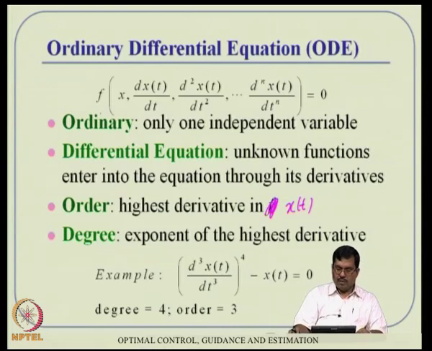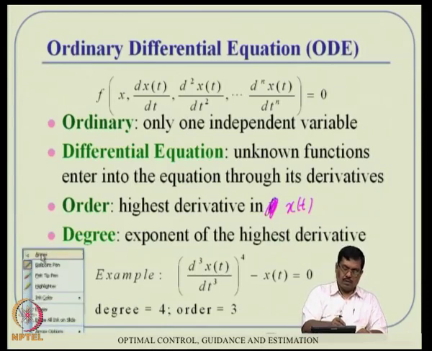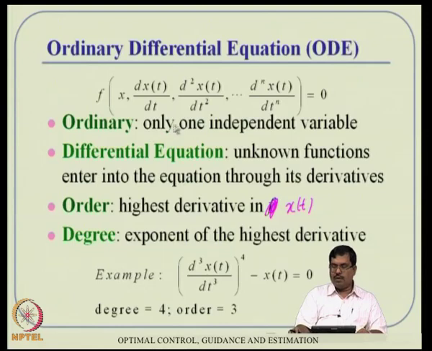The degree is the exponent of the highest order derivative. That means if you have d squared x by dt squared to the power cube, then it is degree 3.